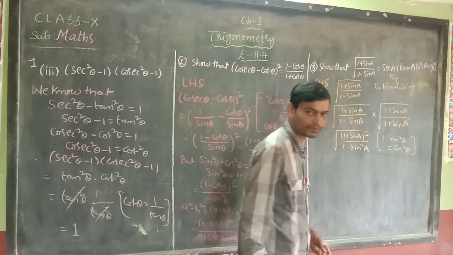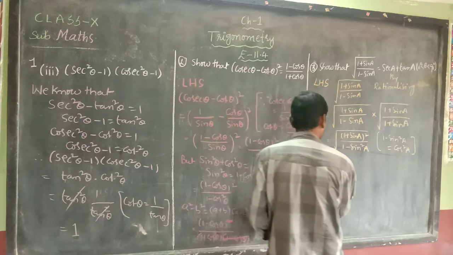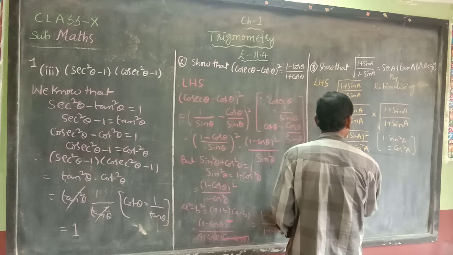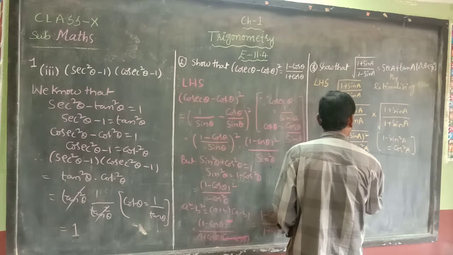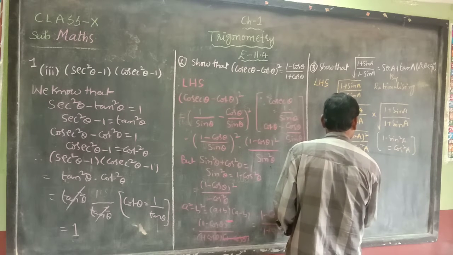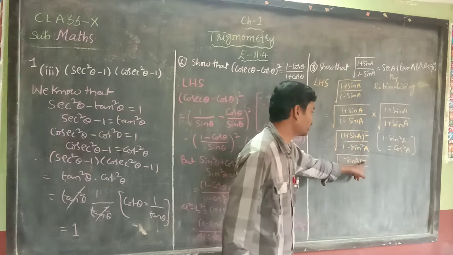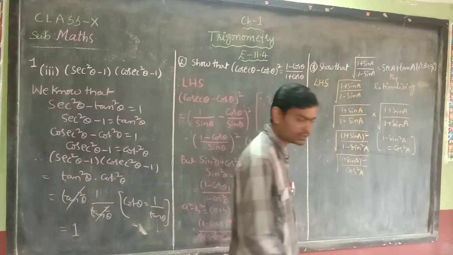Cos square A. So I am writing this as square root of (1 plus sin A) whole square by cos square A.